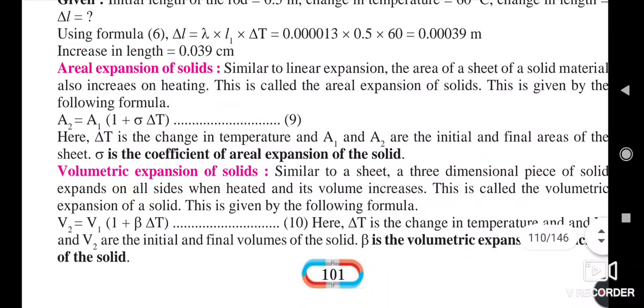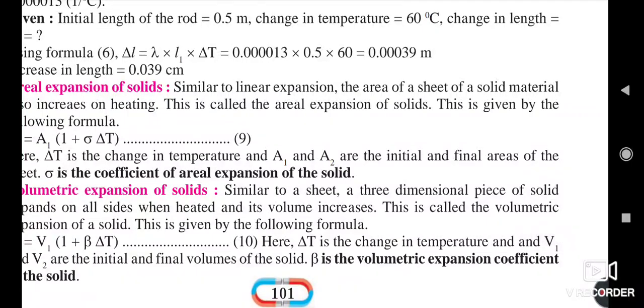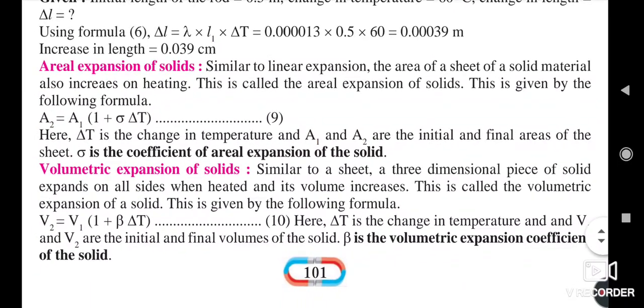Okay, another thing is areal expansion of solids. Similar to linear expansion, the area of the sheet of a solid material also increases on heating. This is called areal expansion of solids. This is given by the formula A2 = A1(1 + coefficient × change in temperature).